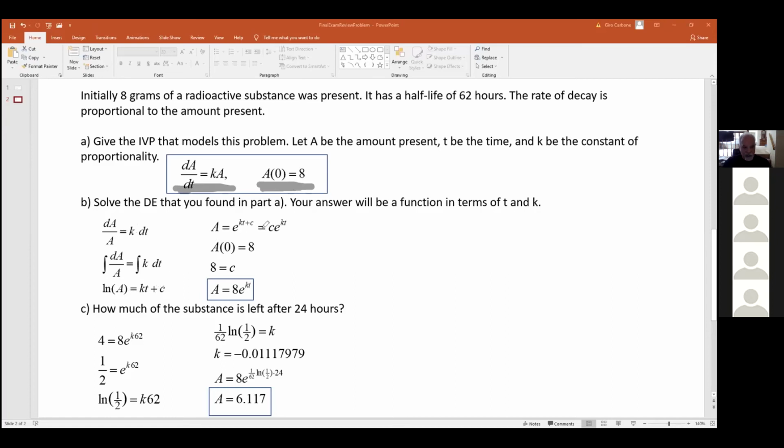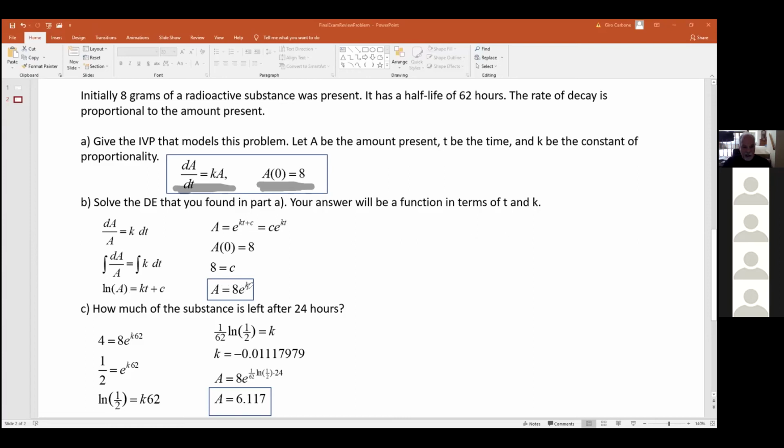And then remember I can write this as A equals e^(kt+C), when you take the exponential of both sides. Then I can write this e^C as a different C. And then I apply the initial condition. So now we get that the amount is equal to 8 times e to the minus kt. So that should make sense.